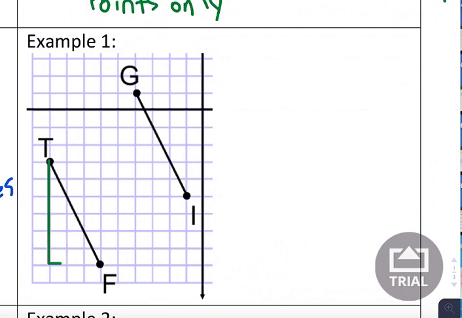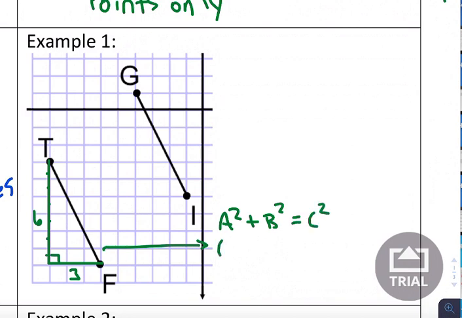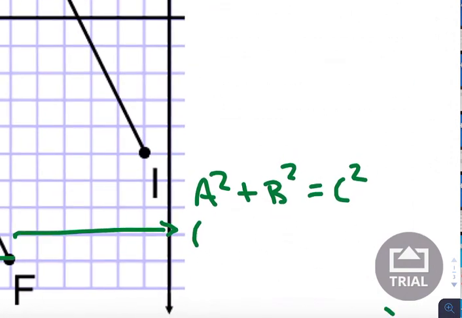Okay. So since I have the graph here, I'm just going to use the Pythagorean theorem and use right triangles. And just like slope, I have to create them first. So that's a distance of 3. 1, 2, 3, 4, 5, 6. That's a distance of 6. And so the Pythagorean theorem calculation, a squared plus b squared equals c squared, turns into 3 squared plus 6 squared equals c squared.